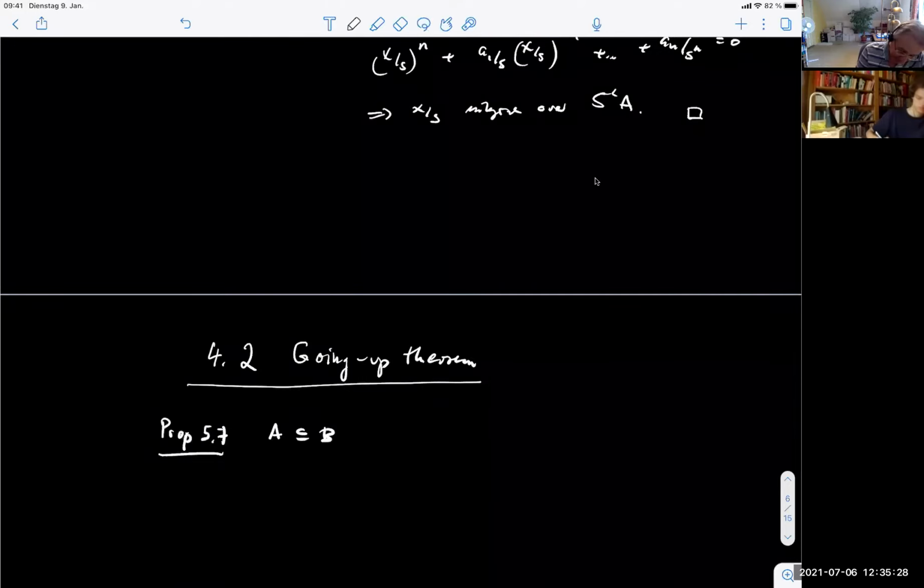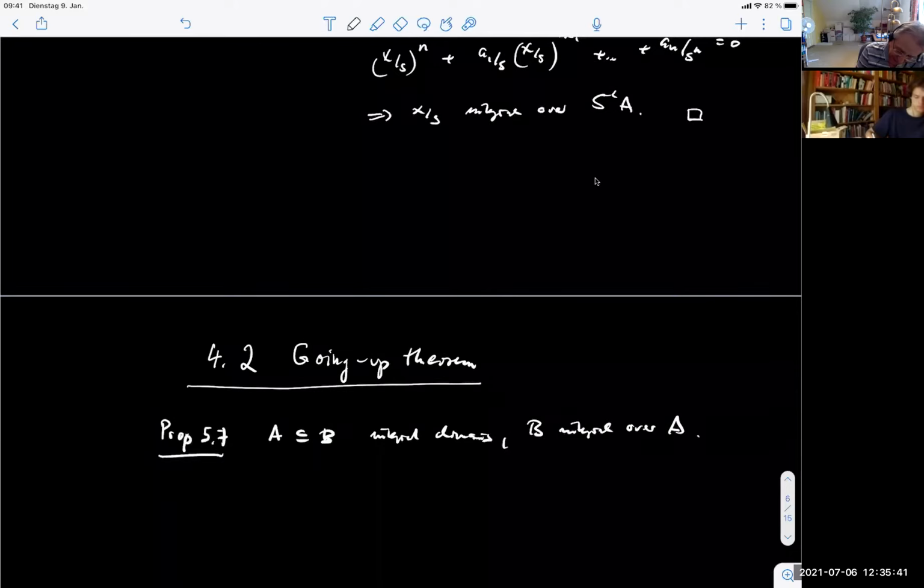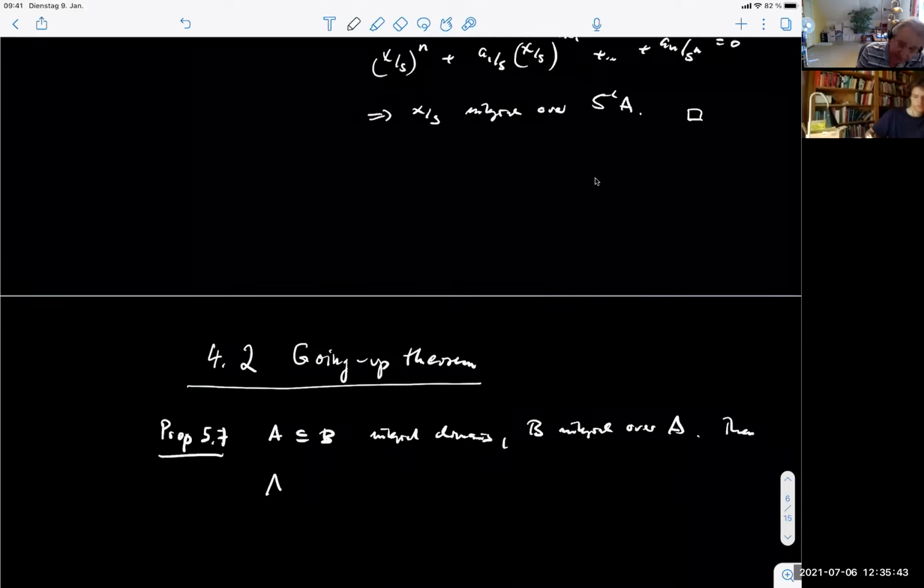B is integral over A. And the statement is: A is a field if and only if B is a field.